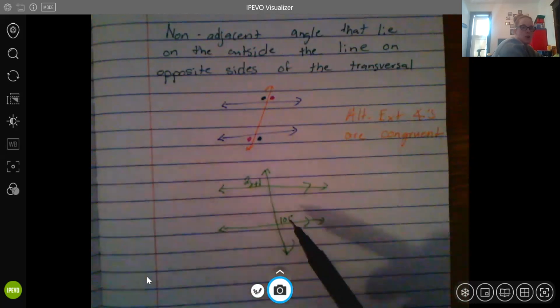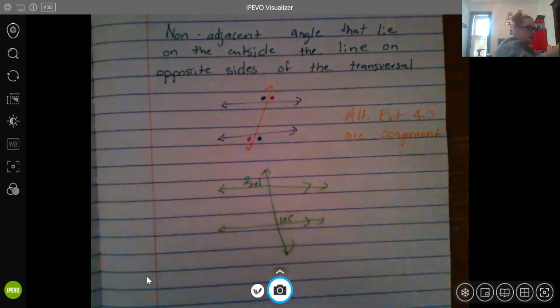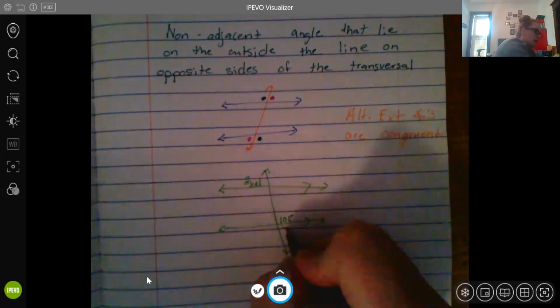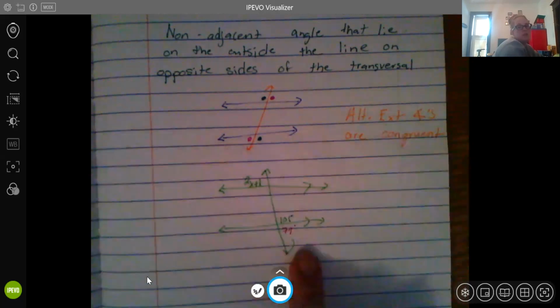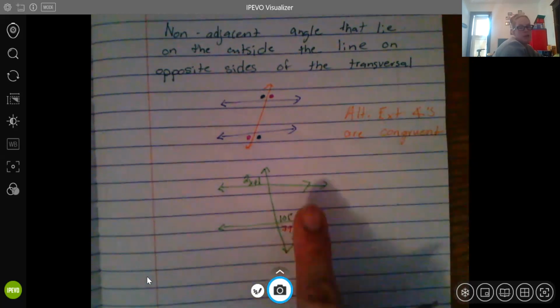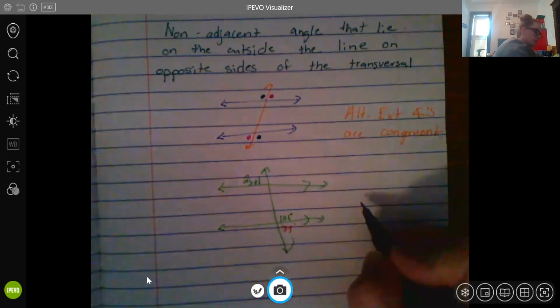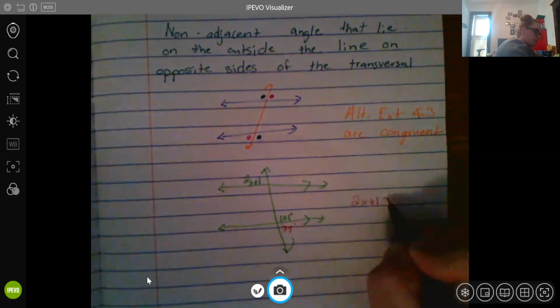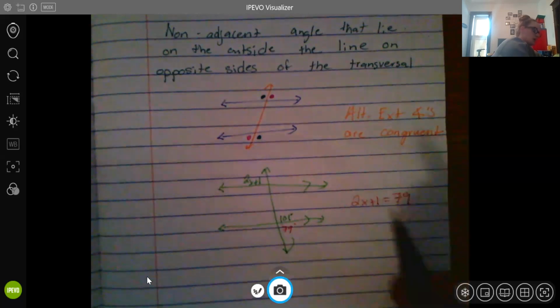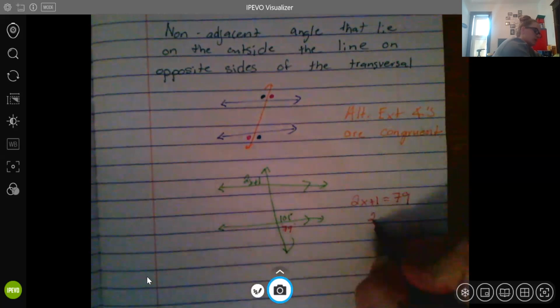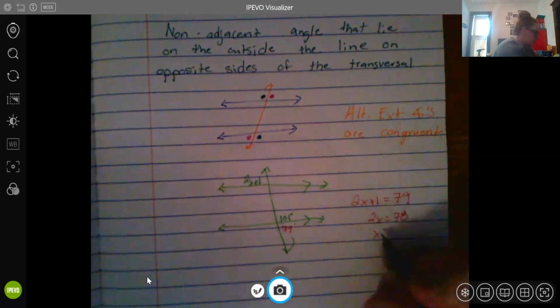One of them is interior. But what I'm going to do is use my knowledge about my lines. And I know that this one here is going to be 79 degrees because these two are supplementary. They are a linear pair. So now I have 79 is going to be equal to my 2x plus 1. Subtract over your 1, 2x equals 78, so x equals 39.